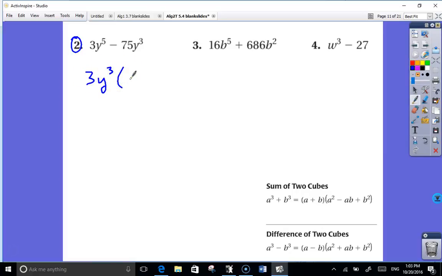And when you take that out, you're left with y squared minus 25, and that's a difference of squares. So that was kind of a trick question. 3y to the third, and then how do I factor y squared minus 25? Y minus 5, y plus 5.